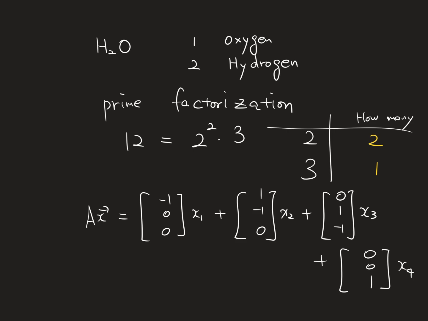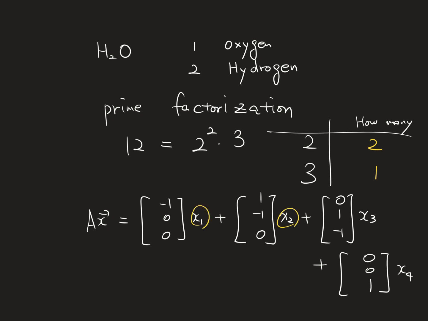So in this example, how many vectors are you using? The number of vectors for the first column is x1. Okay, so this is the weight. This is just the weight of this. This is the weight.